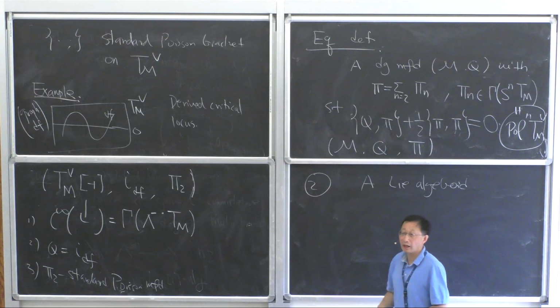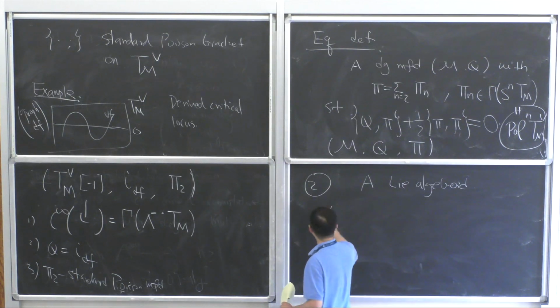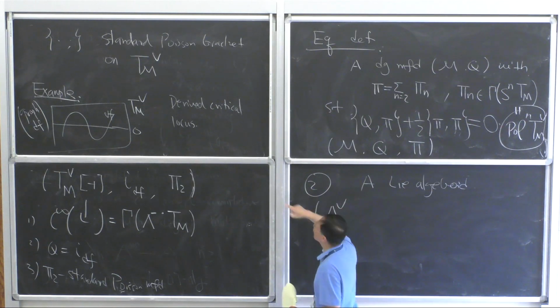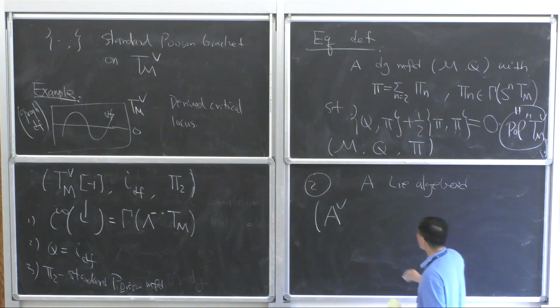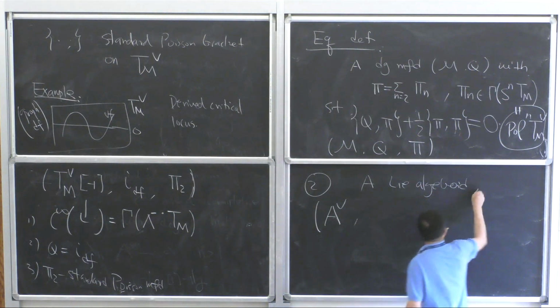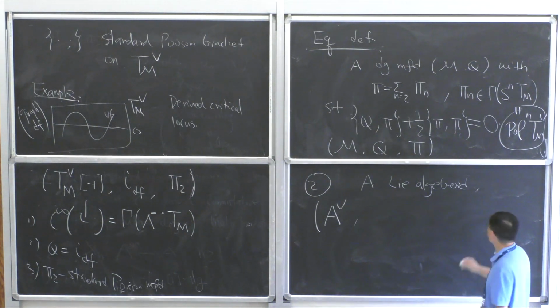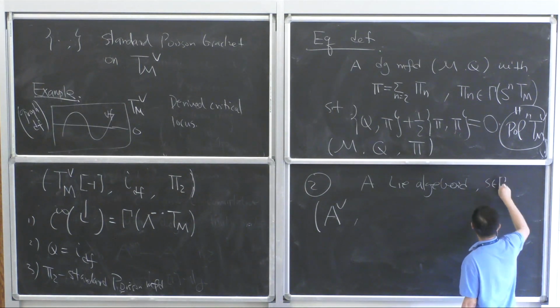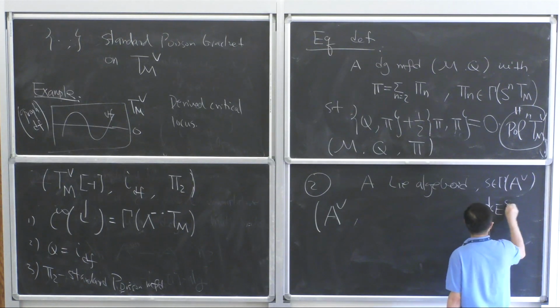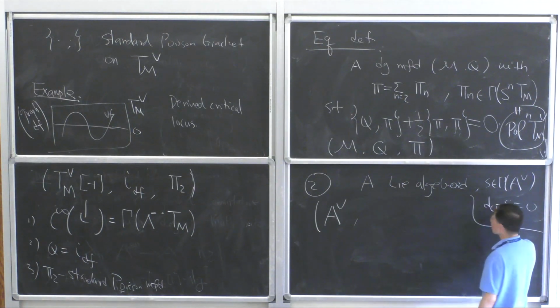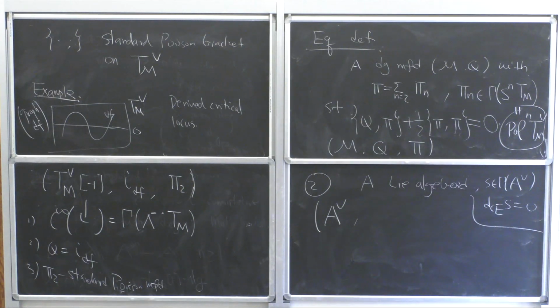Instead of the cotangent bundle, you take A dual, and instead of dF, you choose a section which is a cocycle, a Lie algebra cocycle, meaning the Chevalley-Eilenberg differential equals 0.